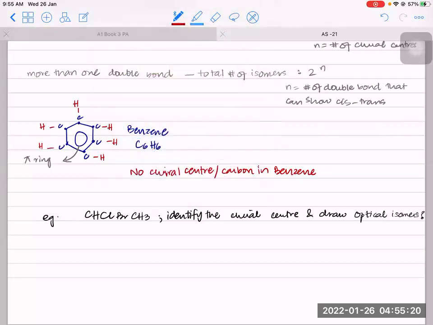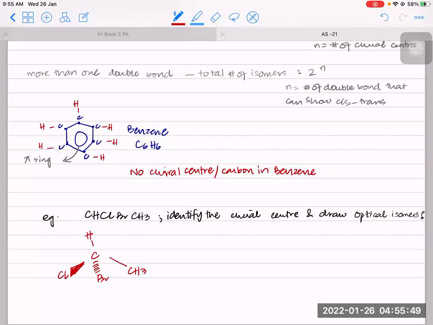So they usually give you the structural formula. They will not display it so that it's easy for you to identify the chiral center. They will give you the structural formula, and from this you will have to deduce the chiral center. Let's see. So this is CHClBrCH3. So that means there is a carbon with a H, with a Cl, with a Br, with a CH3.